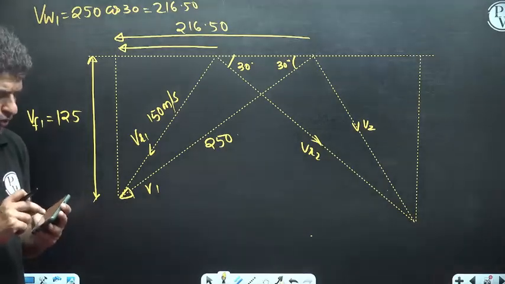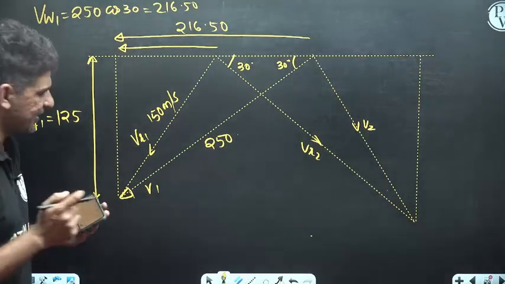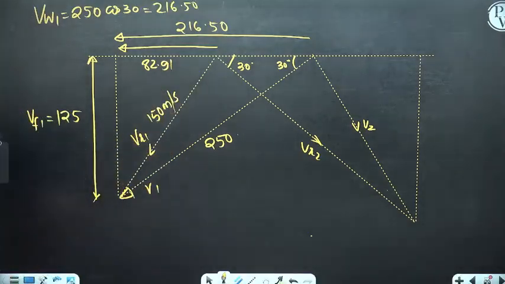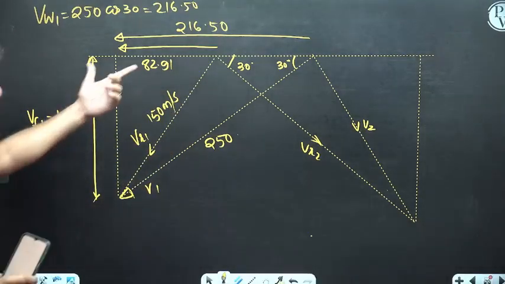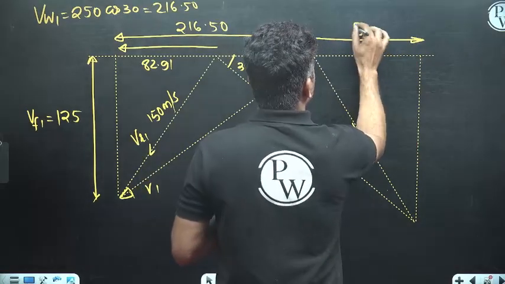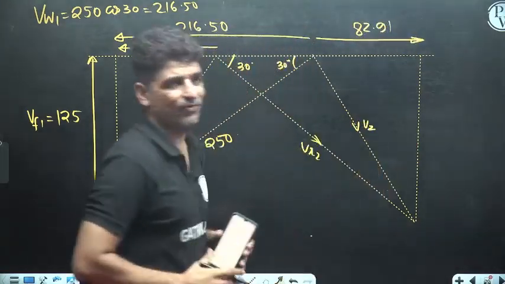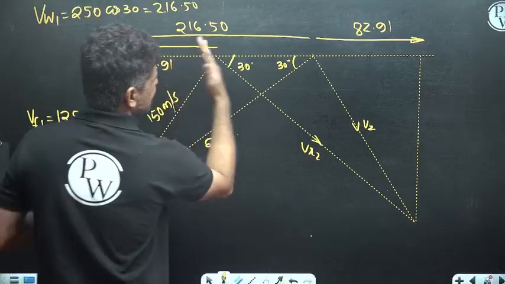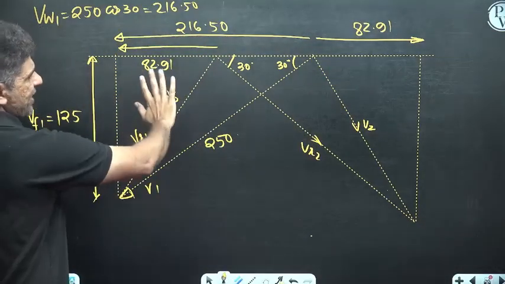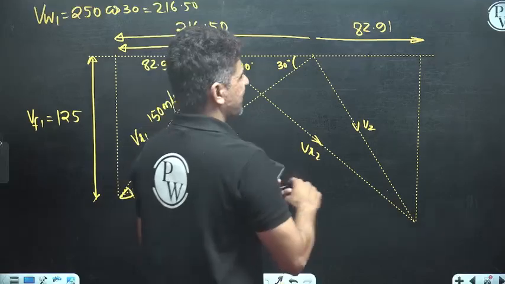So square root of 6875 is 82.91. If this is your 82.91, you will see that this will also be equal to 82.91. Why? Because we have this replicating like this.